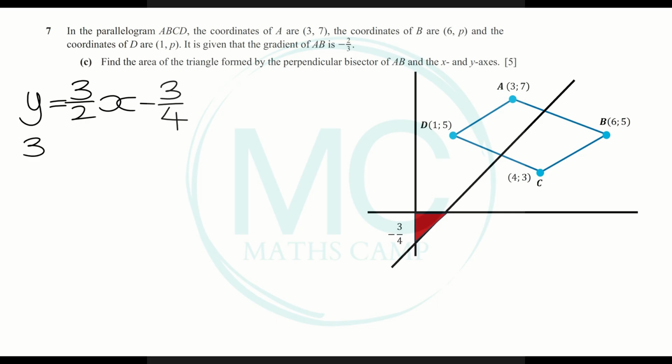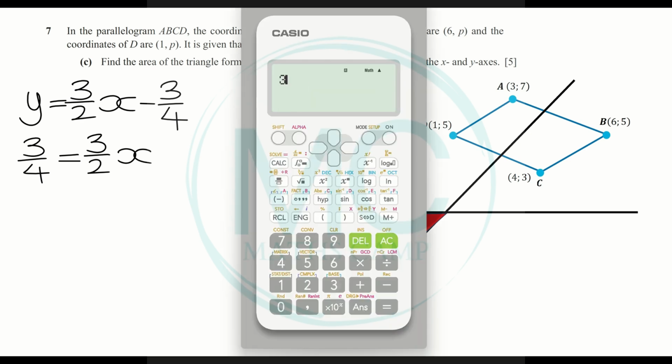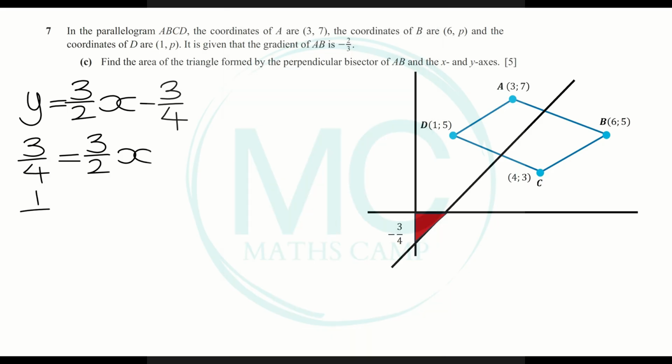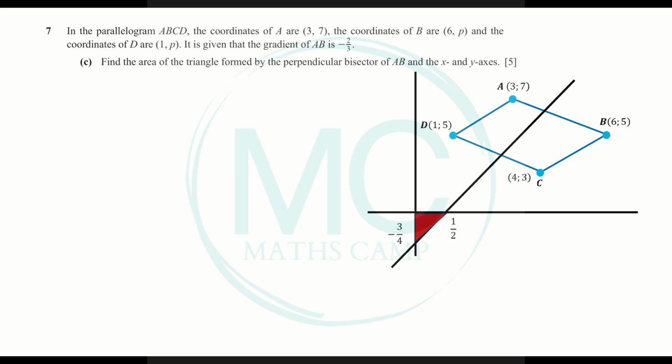I get positive 3 over 4 is equal to 3 over 2 x. To get x by itself, I need to divide both sides by 3 over 2. So I can take my calculator. I say 3 over 4 divided by 3 over 2 is equal to 1 over 2. This is my x-intercept. I can write this on my diagram as well.